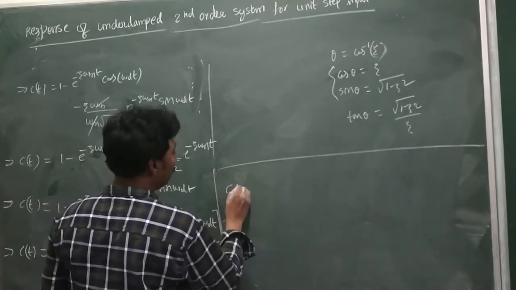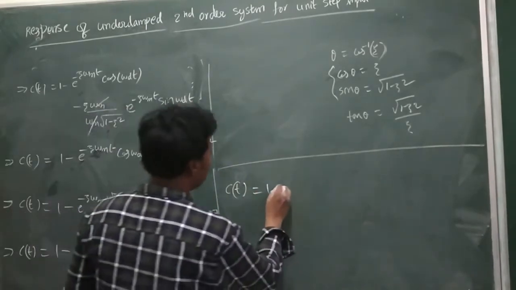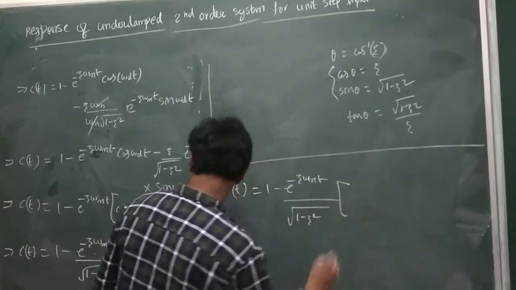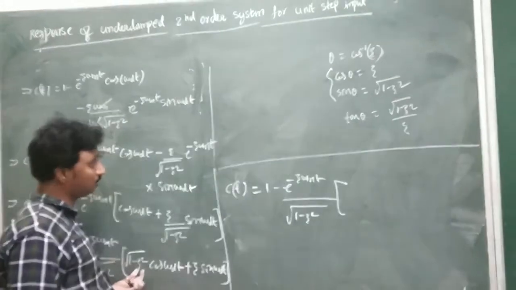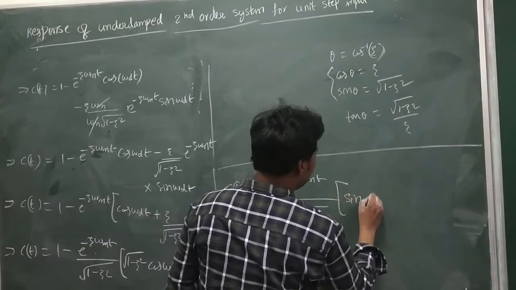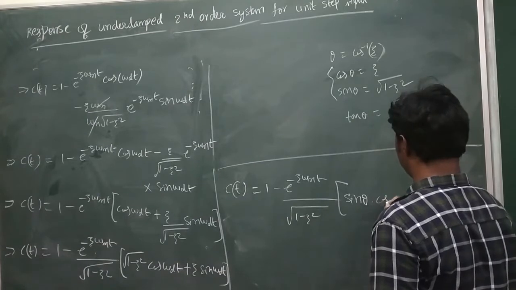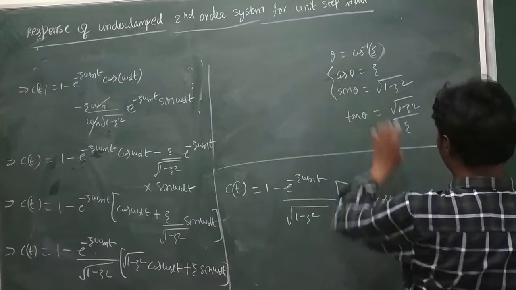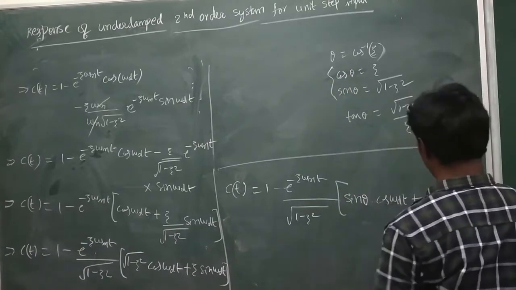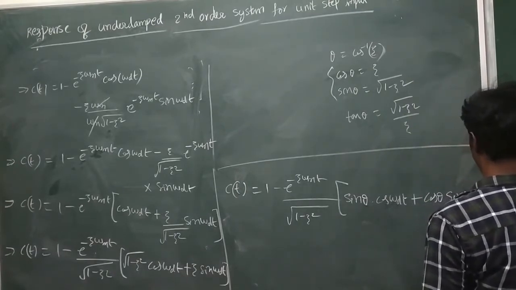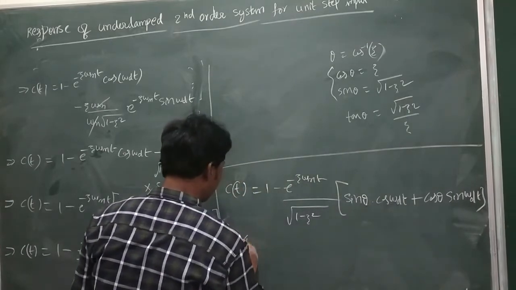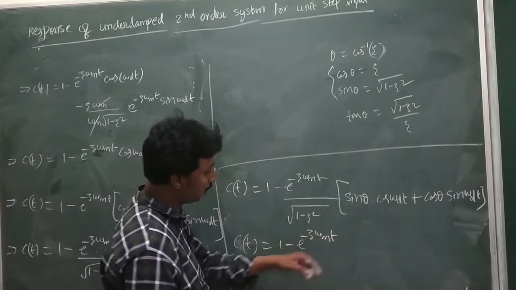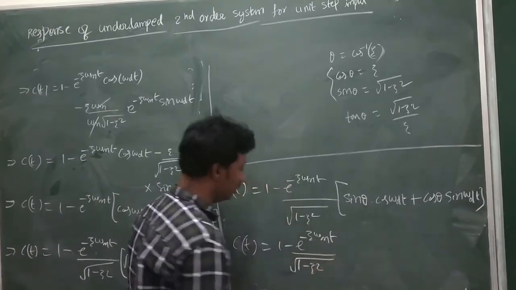So c of t is equal to 1 minus e raised to minus zeta omega n t by root of 1 minus zeta square.